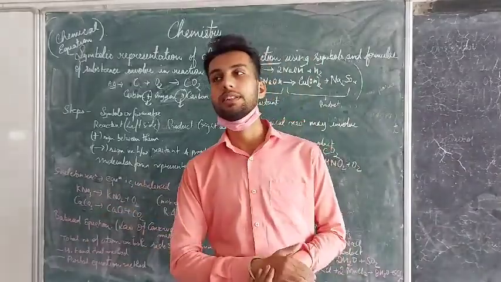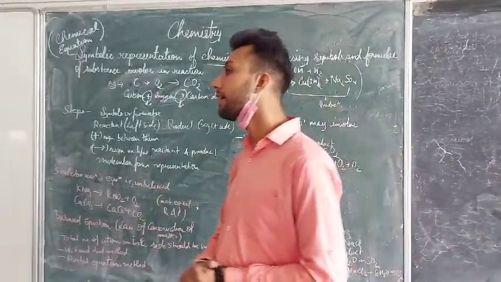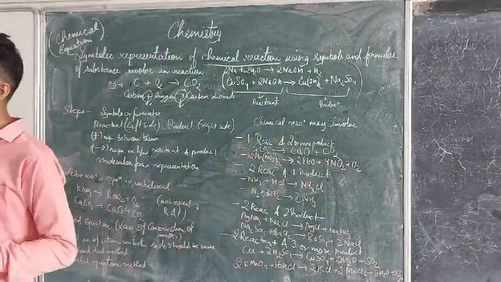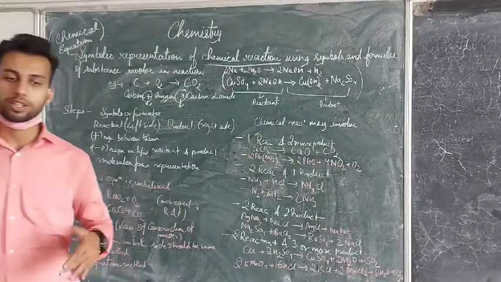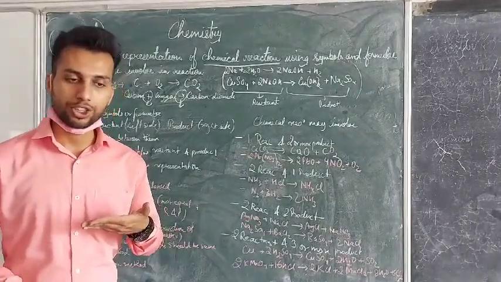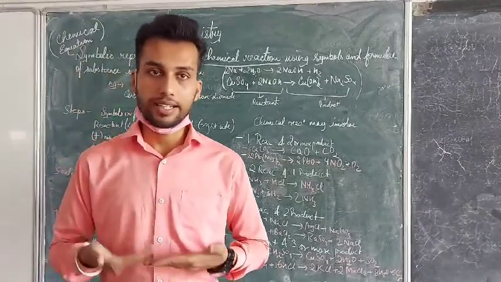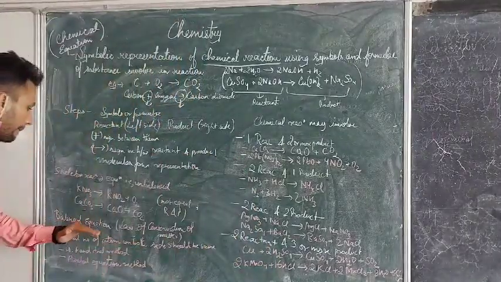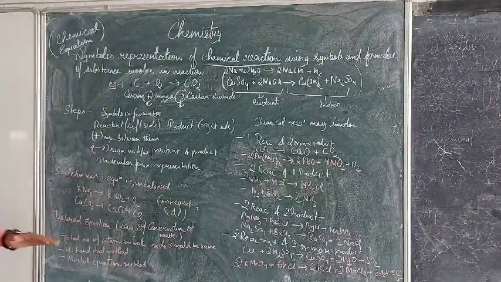A skeletal equation represents that the particular reaction is not balanced. An equal number of atoms on the reactant and product side is not there. So to maintain the law of conservation of mass, we will use the balanced equation. What is a balanced equation?